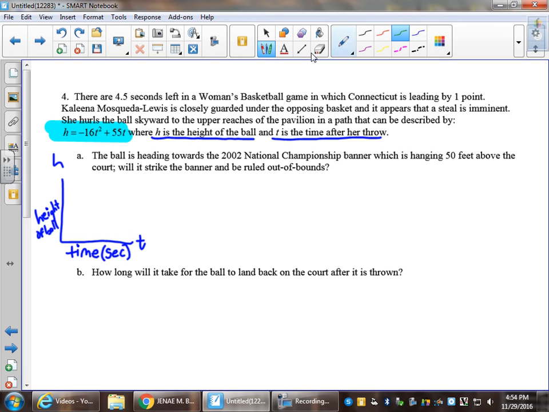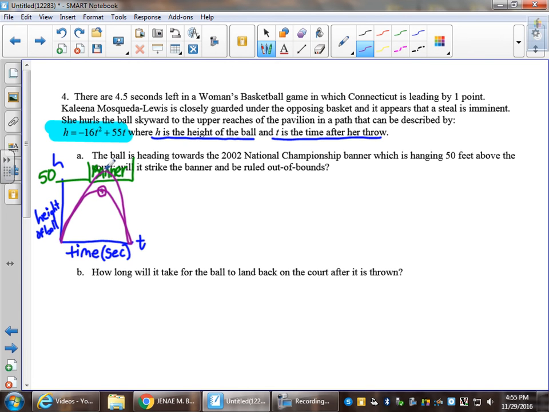Now we have this banner, right? This banner is at a height of 50 feet. She has hurled this basketball. And I'm trying to figure out, will it hit the banner? Is it gonna be this high? Is it gonna be this high? I just don't know.